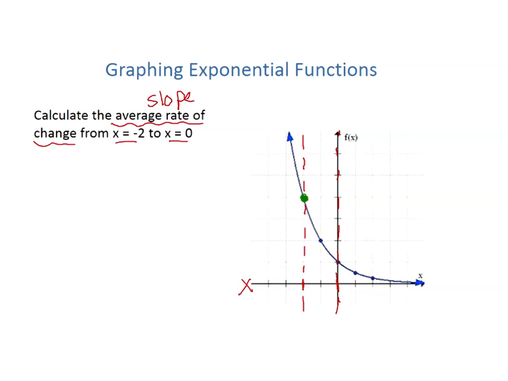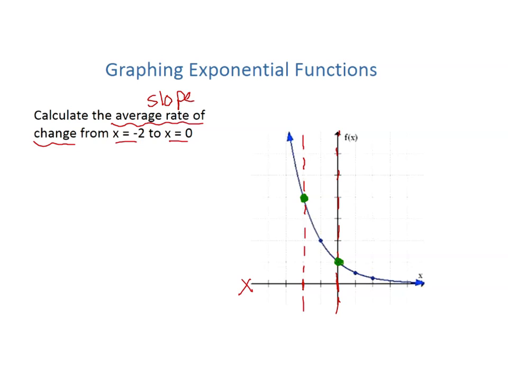All right, so now find the points on the graph from -2 to 0. Here's the point on the graph that's at -2. Here's the point on the graph that's at 0. And we're asked to find the slope. You can do this two ways. You could write points and use the slope formula, or you can just start at the leftmost point and count to get to the right point.